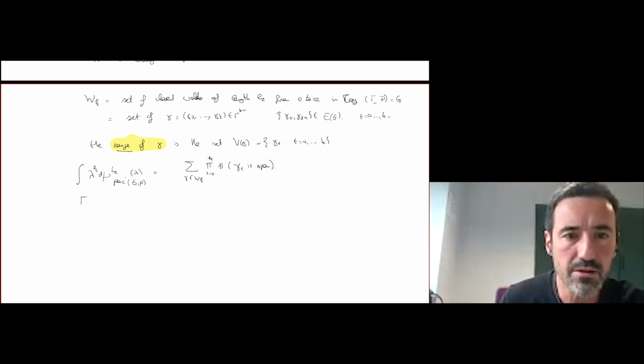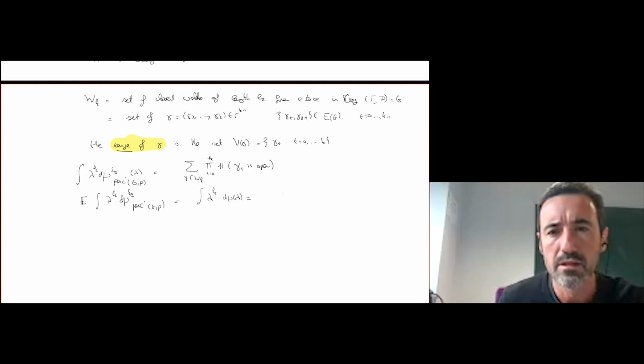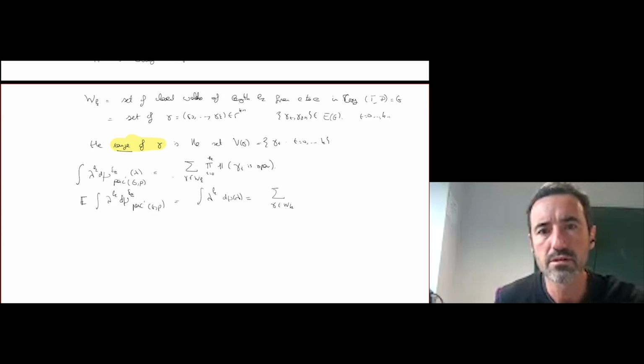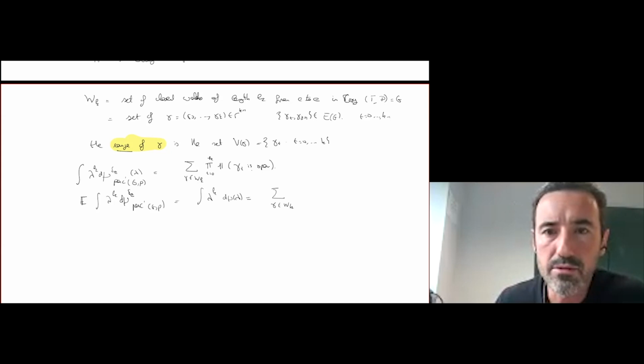If I take the expectation of that, which by Fubini is the k-th moment of the measure I'm interested in, I have a formula. This is a sum over all paths. And then what is the product?